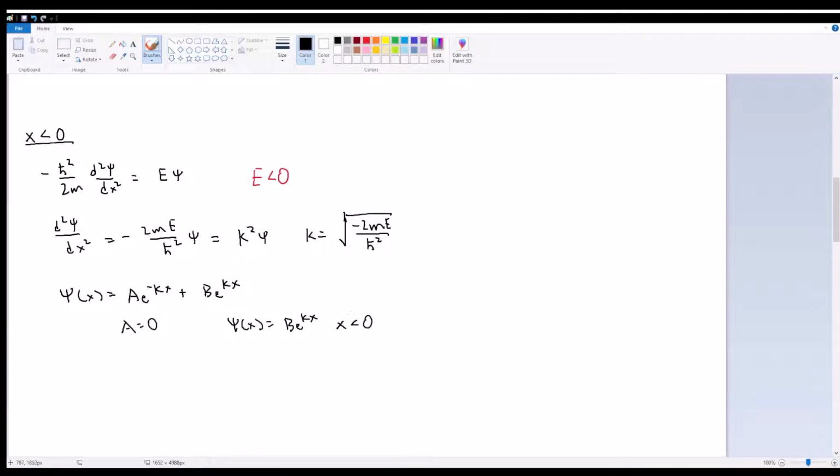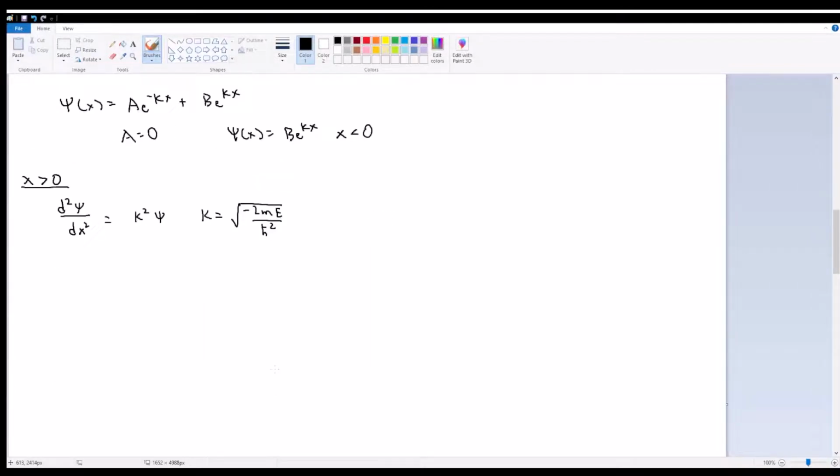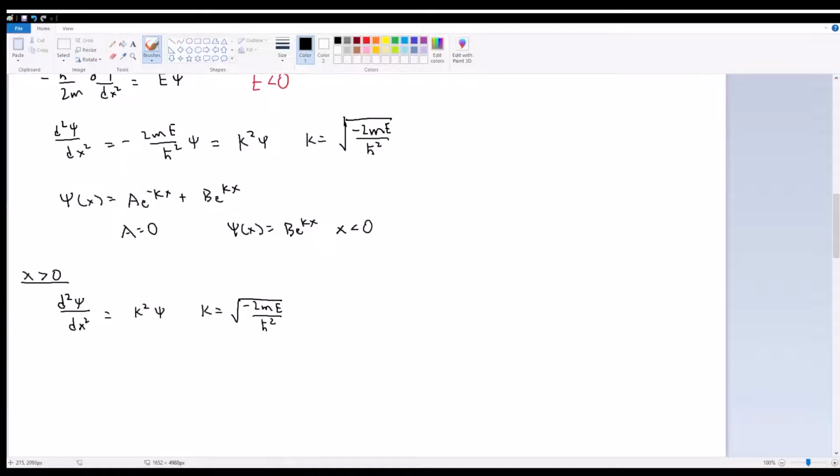Similarly, we can look at x greater than 0. The method for solving this is exactly the same, and the setup is exactly the same. We're still going to end up with d2 psi over dx squared equals k squared times psi, where k is equal to the square root of negative 2me over h bar squared. This gives us the exact same exponential solution.